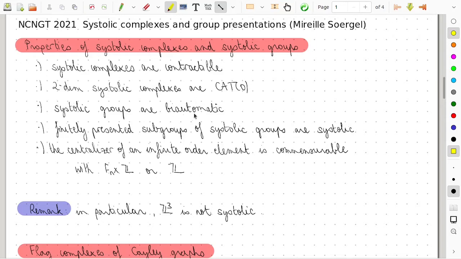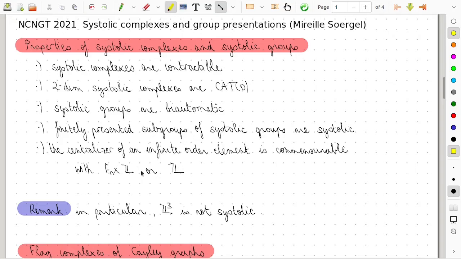Biautomaticity implies a solvable word problem, a solvable conjugacy problem, and a quadratic Dehn function. Finitely presented subgroups of systolic groups are systolic. And the centralizer of an infinite order element is commensurable with the direct product of a free group with Z or with Z.